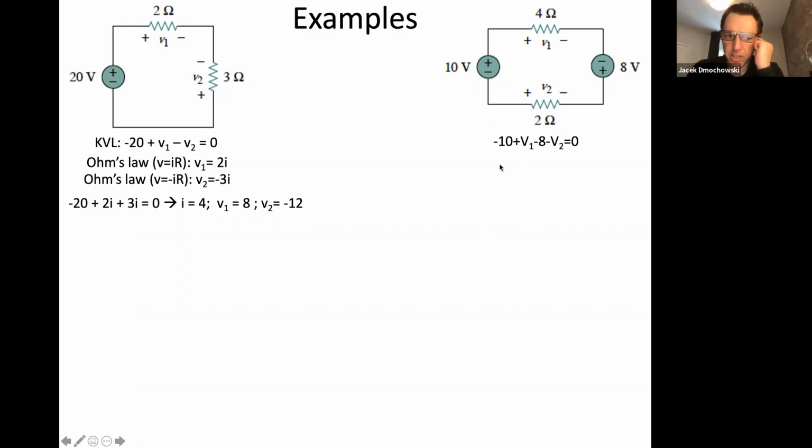And our second equation is going to be the application of Ohm's law, which is that V1 is equal to 4 times I, and V2 is equal to negative 2 times I. So now we simply plug those back into the KVL equation. We rearrange the terms and I arrive at I is equal to 3 amps.